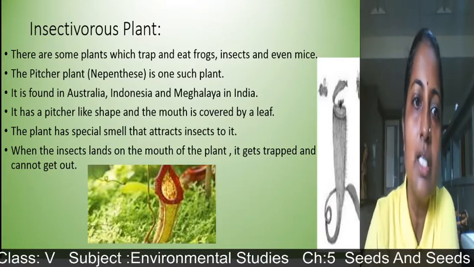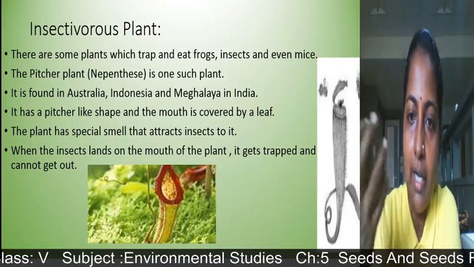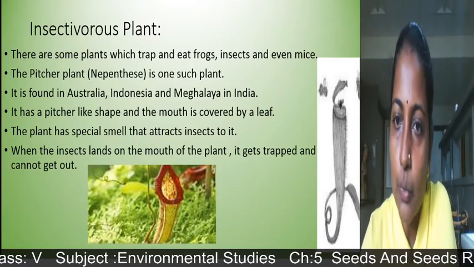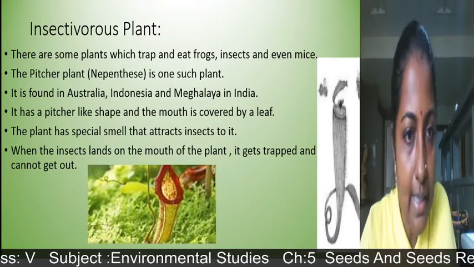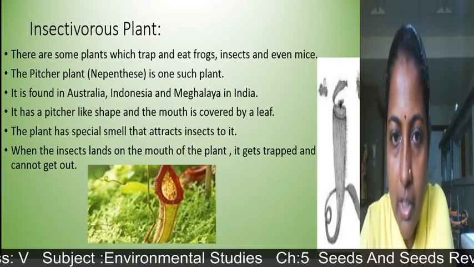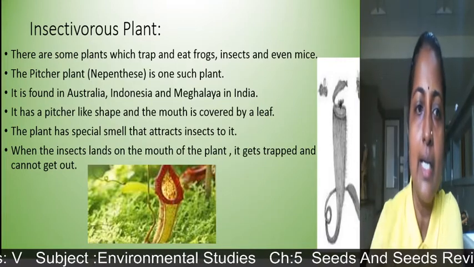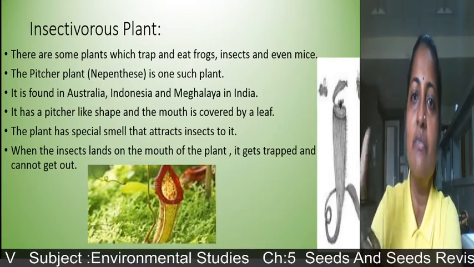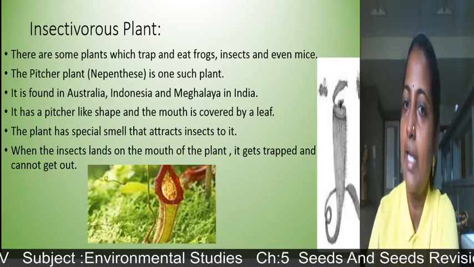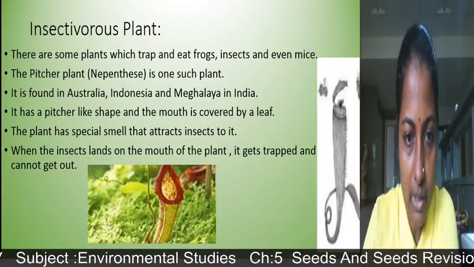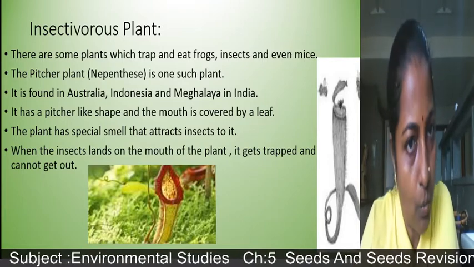The plant has a special smell that attracts insects to it. When the insect lands on the mouth of the plant, it gets trapped and cannot get out. The leaf closes and that insect cannot get out of it. So this is about insectivorous plants.